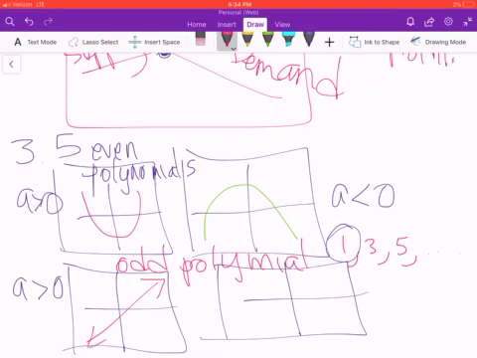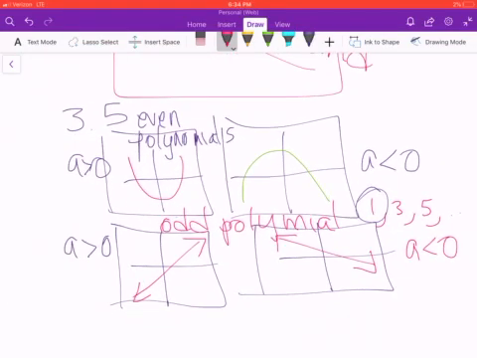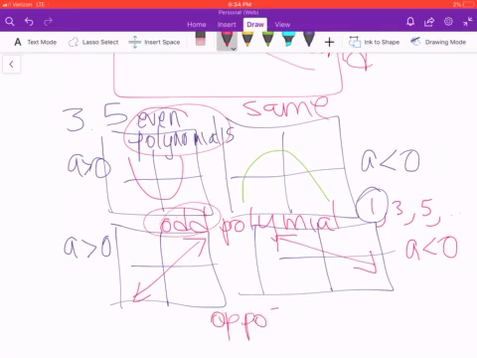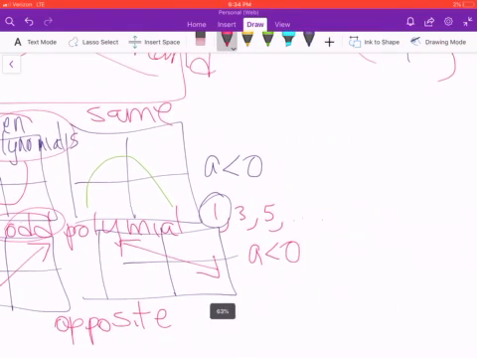And a line with a negative slope, if the leading coefficient is less than 0, it will be going like that. And so that's what matches the behavior of the graph. Even polynomials have same end behavior. Odd polynomials have opposite end behavior. And so you need to be able to know which is which.